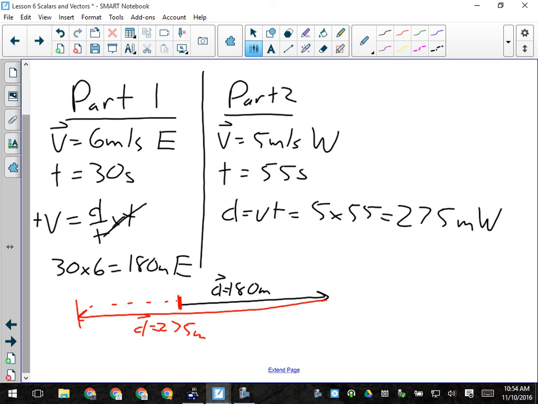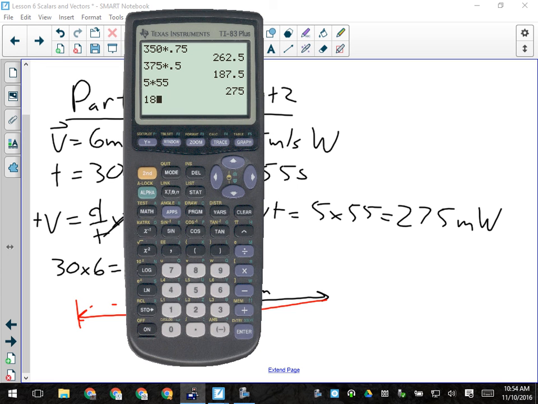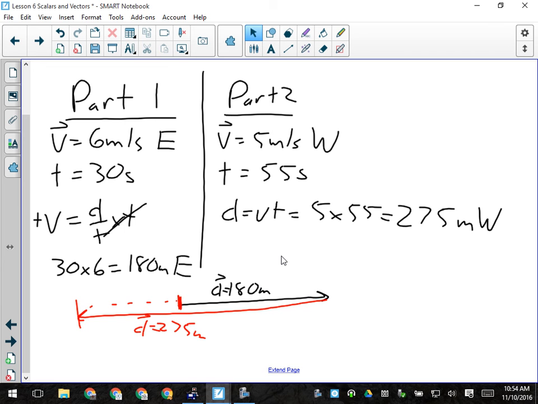It doesn't really matter. You're going to get the difference here. So 180 plus negative 275 tells me he ends up 95 meters west of where he started, because I assigned west as negative. So his total displacement is 95 meters west.